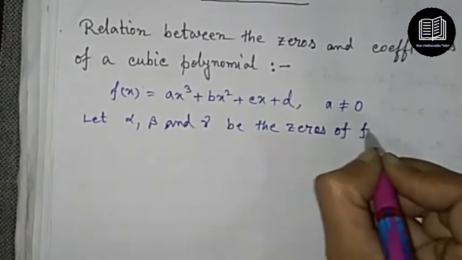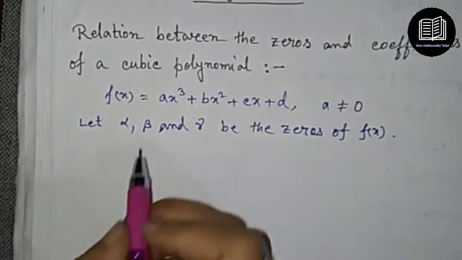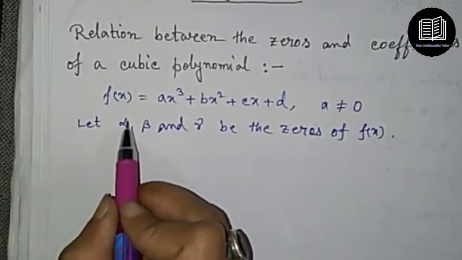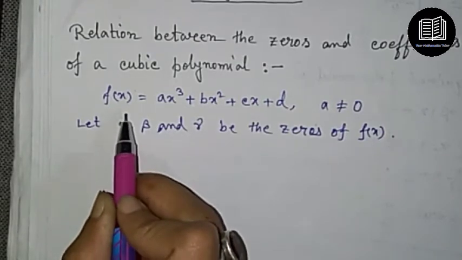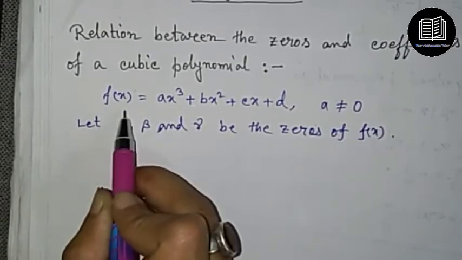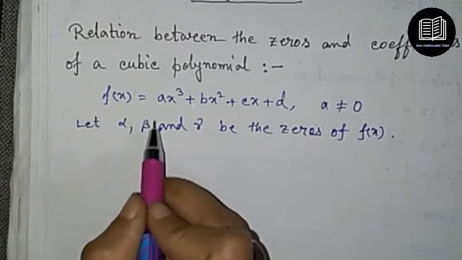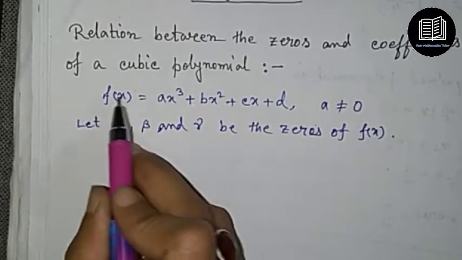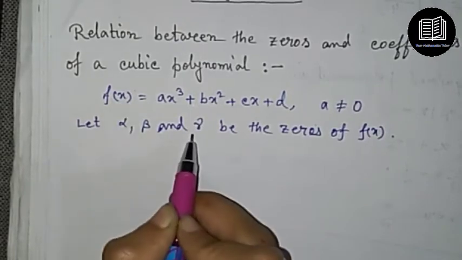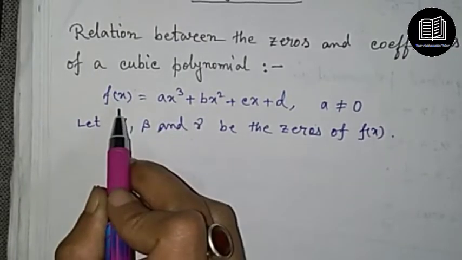Now see, since alpha is a zero, x minus alpha must be a factor of f(x). Similarly, since beta is a zero, x minus beta must be a factor of f(x), and x minus gamma is also a factor of f(x).